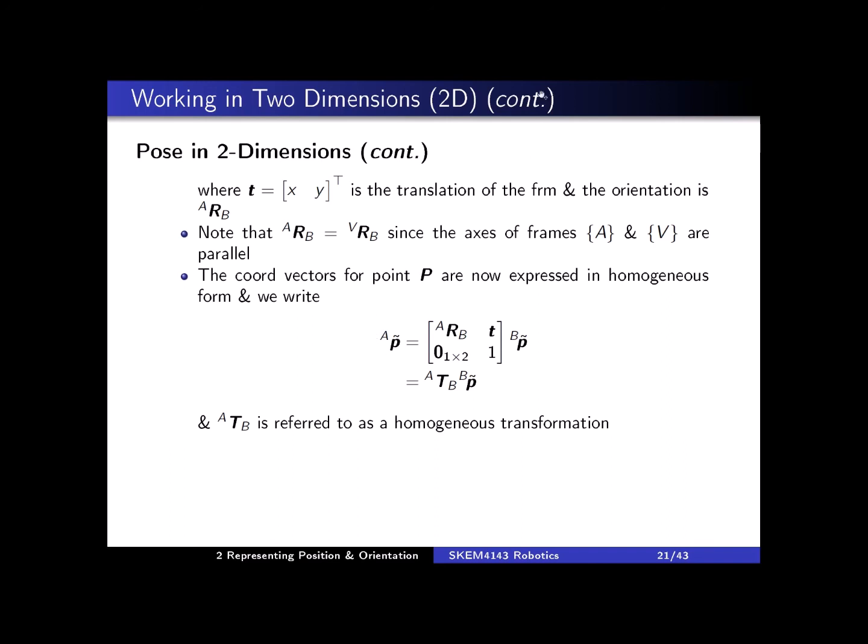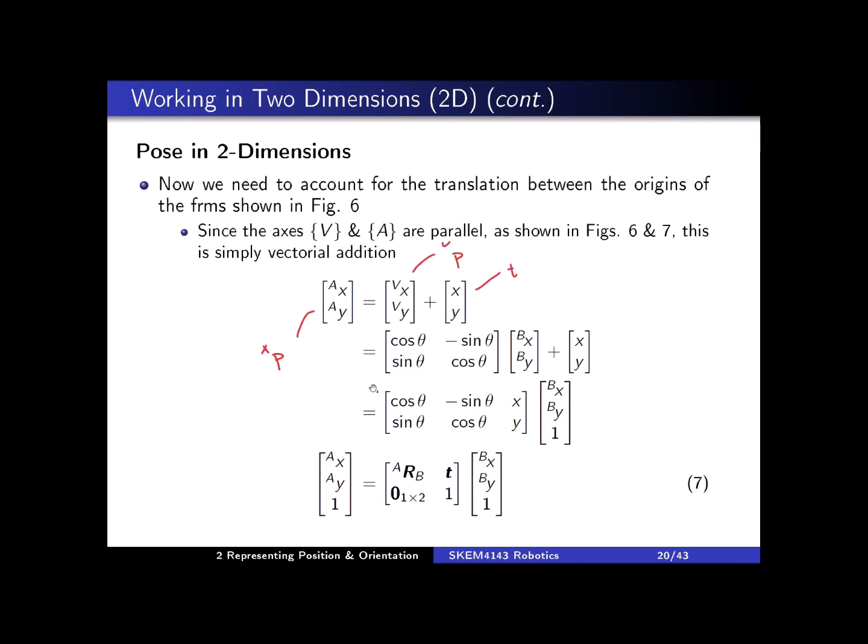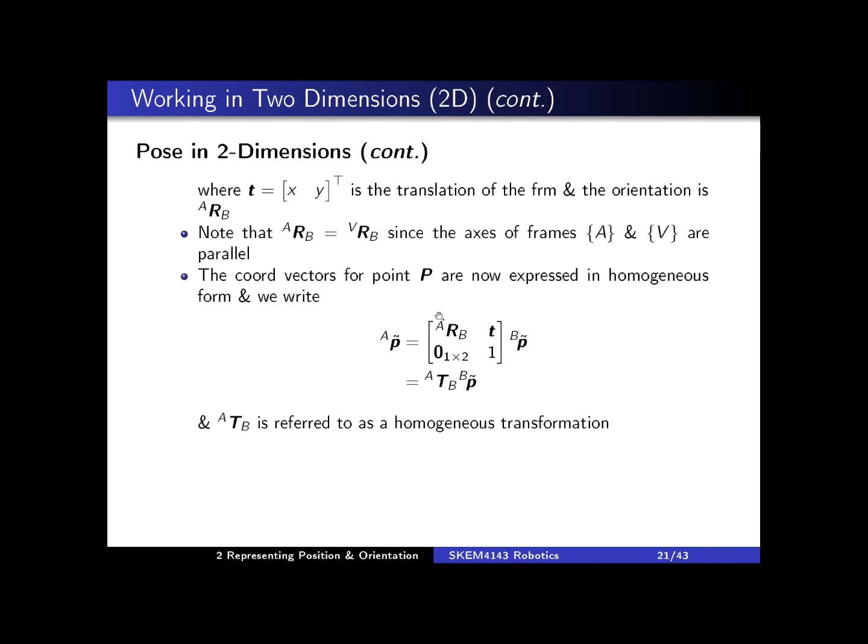Because we are still talking about 2 dimensions, P tilde A is no more 2 by 1, it's 3 by 1, because we have added 1 here. And this matrix, we label it as TBA, and this is what we call the homogeneous transformation or homogeneous matrix.